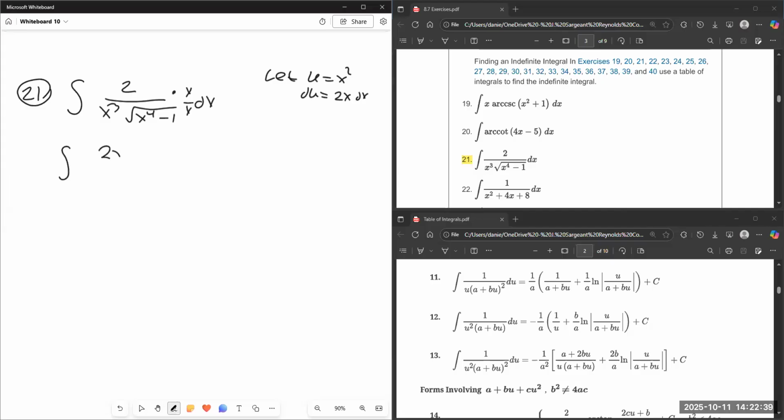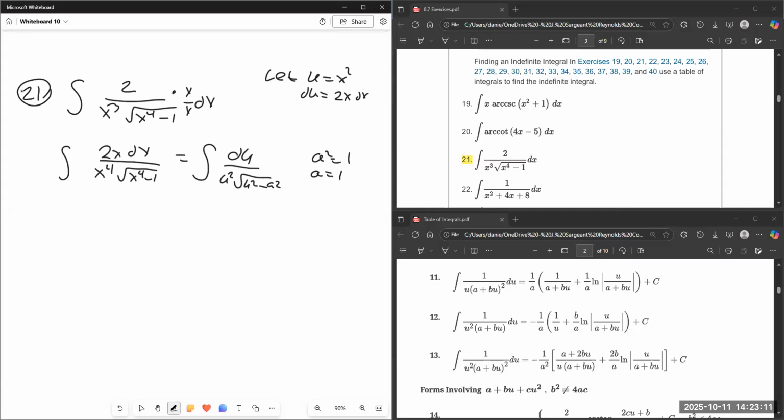And this makes this 2x dx over x to the 4th root x to the 4th minus 1. So I'm in the form of du over u squared root u squared minus a squared, where a squared is equal to 1, a is equal to 1.